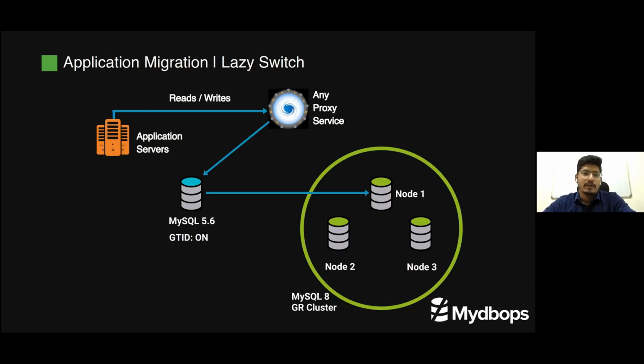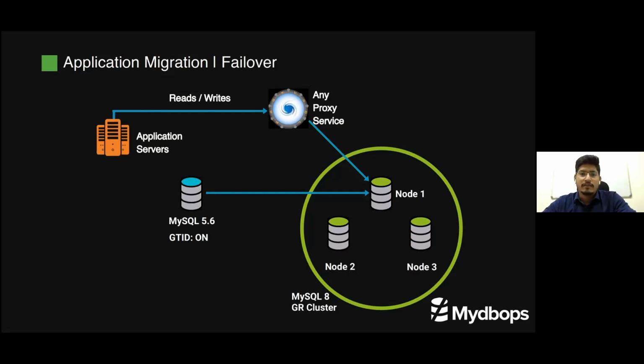Once we have ensured all our traffic comes via the proxy service, we can plan for the actual migration of the traffic. Once we have made sure all the traffic is coming via ProxySQL, switching the environment is just a config change in the proxy. If you're using ProxySQL, we can just reload the server's configuration so that it will immediately start routing to the newer setup.